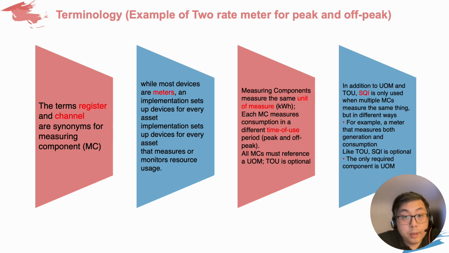The type objects actually define the properties of the transaction object. So, for example, the measuring component type will actually define what the units of measure are, what the time of use is, and what the SQI is, which we'll talk about a bit. These three pieces of information are the key of a measuring component, what it actually measures.